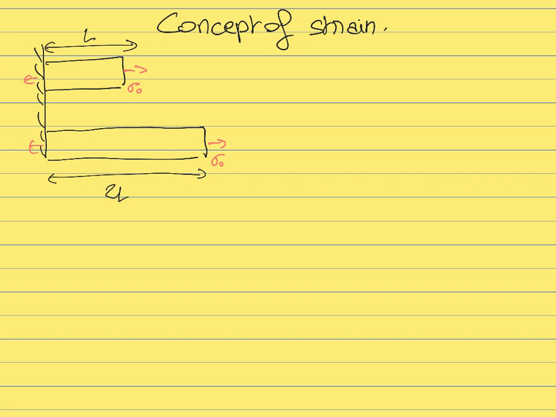So in this case, those two beams have the same cross-section. If they have the same stress and same cross-section, it means that they also have the same load that is applied to those beams. Because those beams are subjected to a tensile load, a tensile stress, they are going to be elongated.